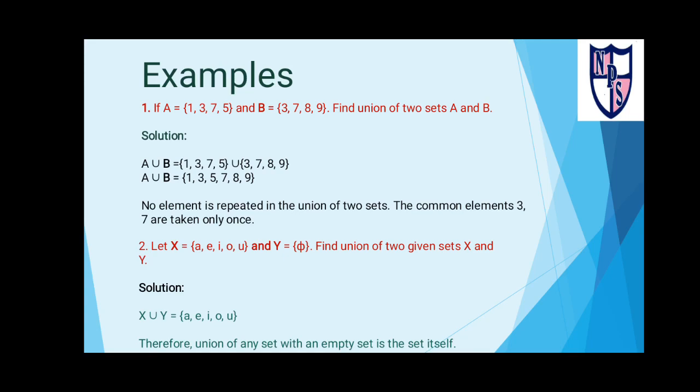So the answer will be X, meaning A, E, I, O, U. It means when we do the union of two sets and one set is an empty set, then the union is the other set with all of its elements. Or you can say the union of any set with an empty set is the set itself.